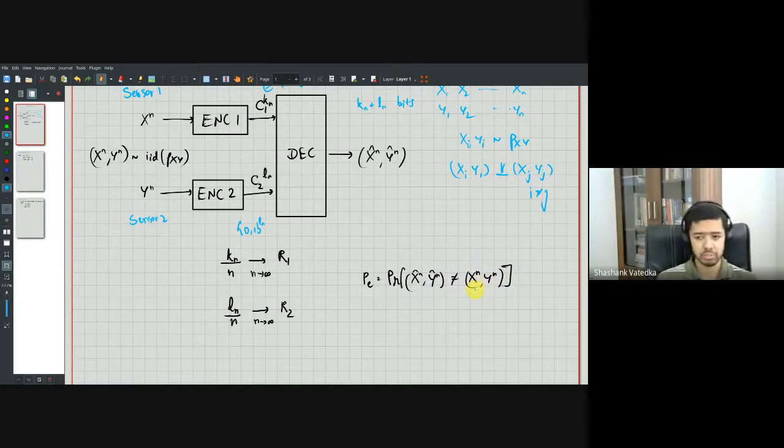It need not be exactly equal to 0, but it is something very small. Typically we will want this to be vanishing in n, at least 1 over some polynomial in n. In fact, we'll see that we can even achieve a probability of error less than or equal to 2 to the minus some constant times n, so it can be made exponentially decaying in n.